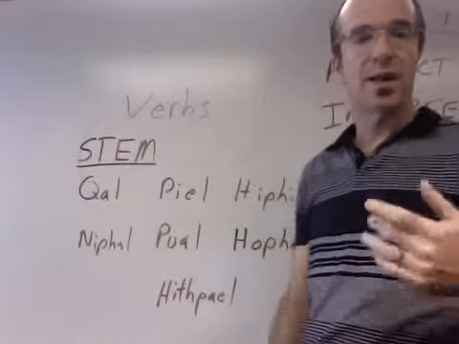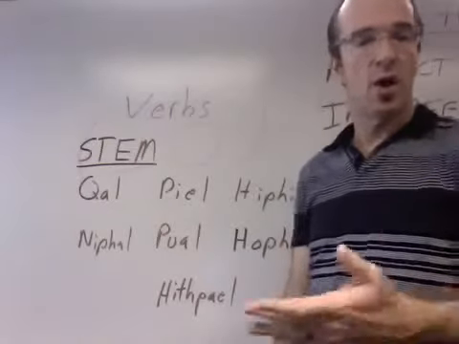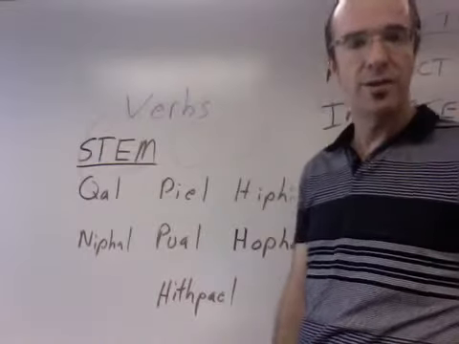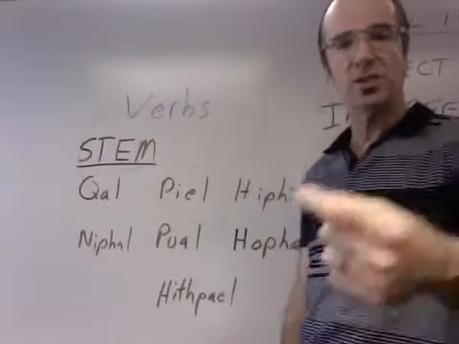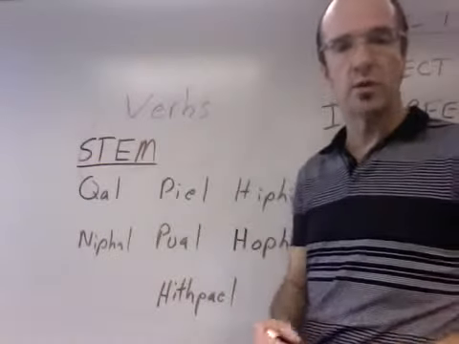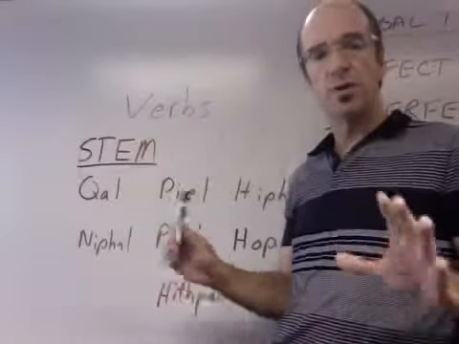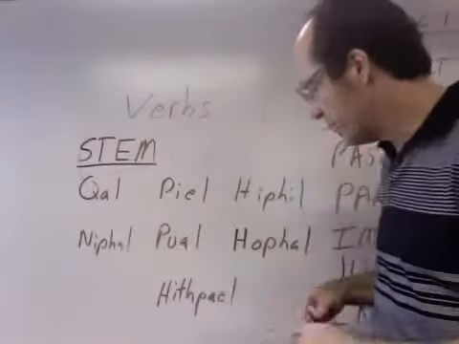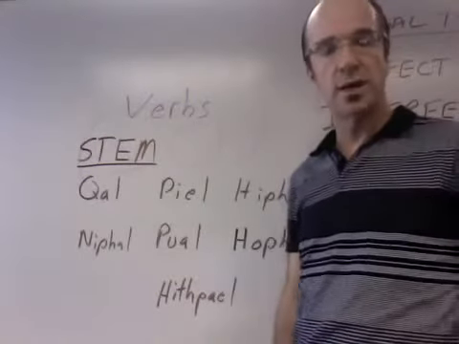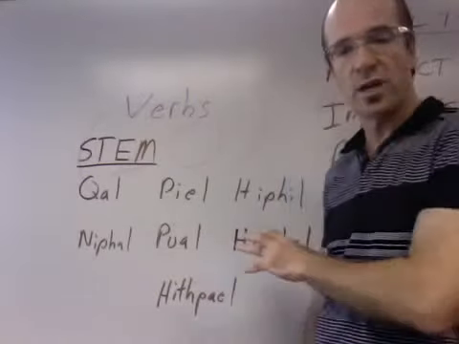So instead of I kick the dog, that's an active with an object, what if I kicked myself? There I'm both doing the action and receiving the action. That would be kind of a classic example of that middle reflexive voice. So your nifal will do that in this category, and then there's a verb, hithpael, that has that middle reflexive category for these other stems.